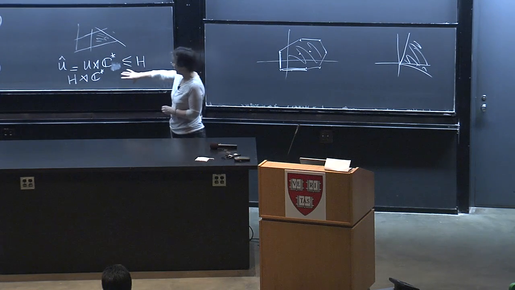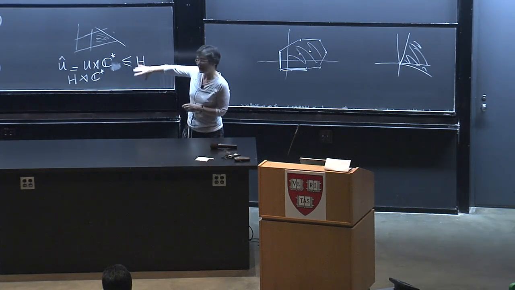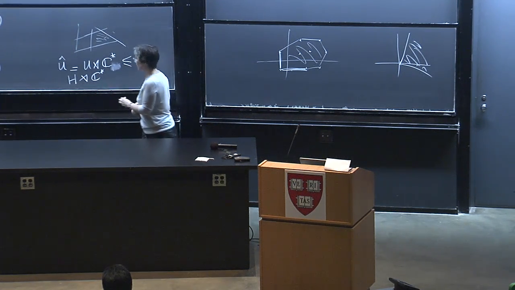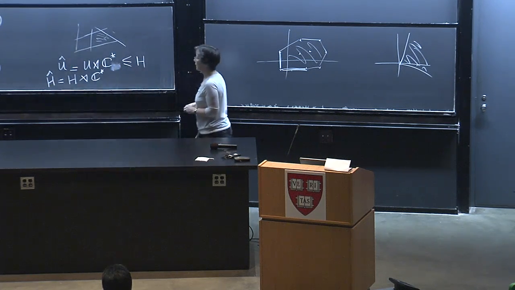In that situation, I know how to get a nice non-reductive GIT quotient of this extension, let's call it H hat. But what I'm really interested in is H.